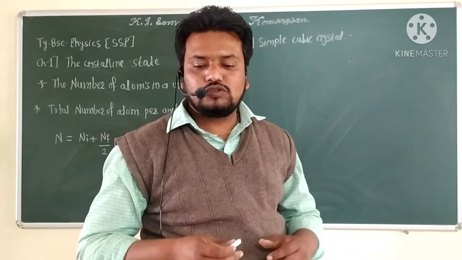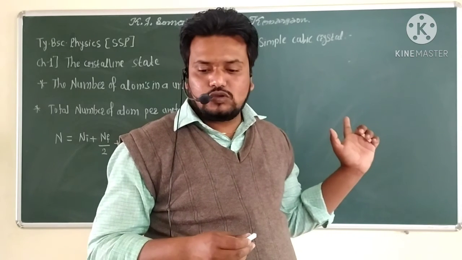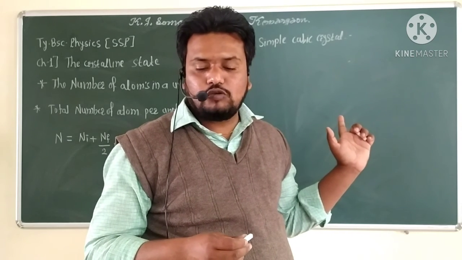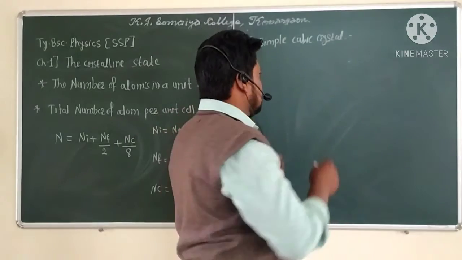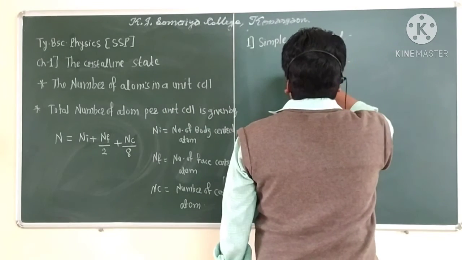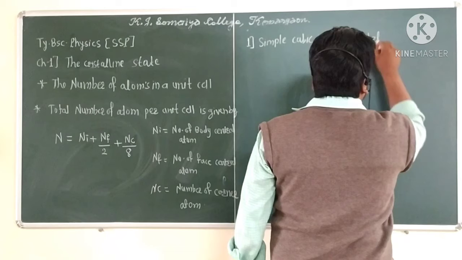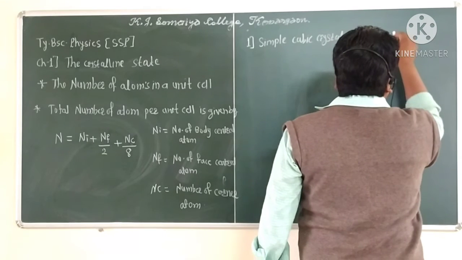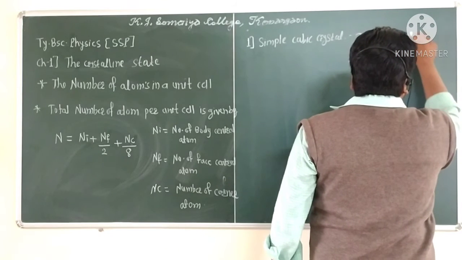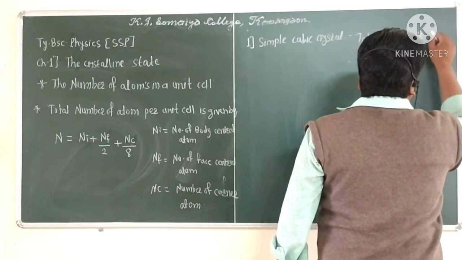So here Ni is equal to how much, Nf is equal to how much, and Nc is equal to how much? In simple cubic crystal, there are a total of 8 atoms at the corners of the cube.